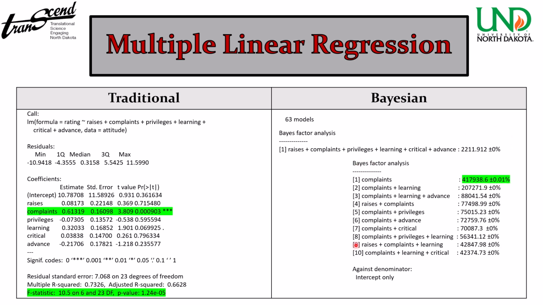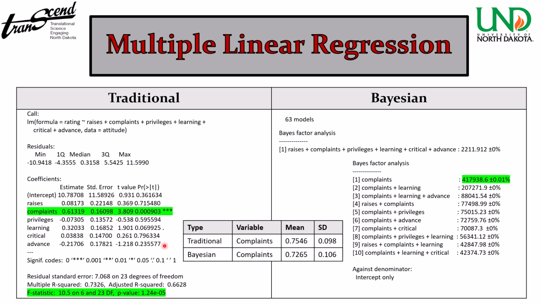But if we looked at the first 10, and I believe these are the top 10 models, we can see here that the model with just complaints had the highest Bayes factor, suggesting that maybe just having a model with complaints predicted raises the best and nothing else.